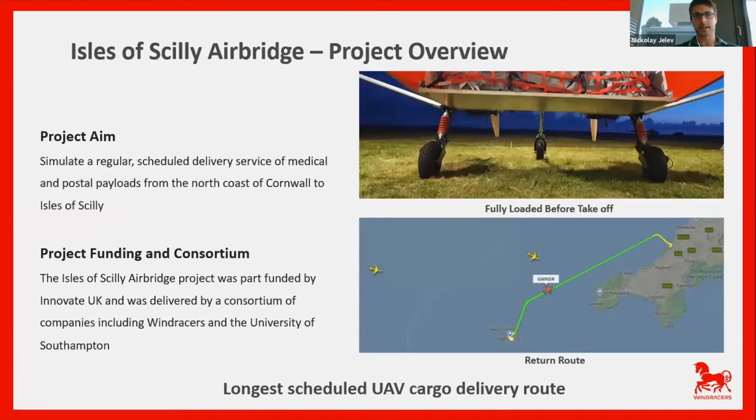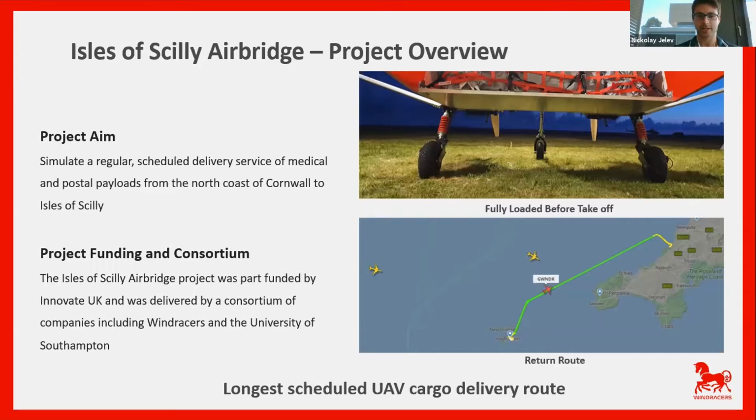So the Isles of Scilly Air Bridge project was funded by a government body, Innovate UK, and the project aim was to demonstrate a regular scheduled delivery service of goods from Cornwall to the Isles of Scilly. The challenge here is its regularity of service at a set fixed point of time.